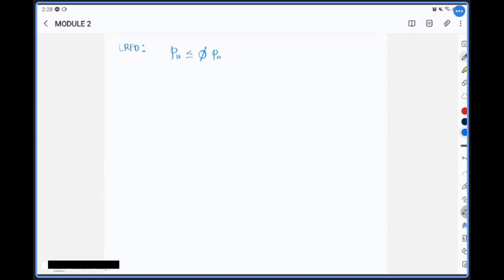Wherein P sub U is from our factored load, and this is the capacity of the material. We call this our factored resistance.